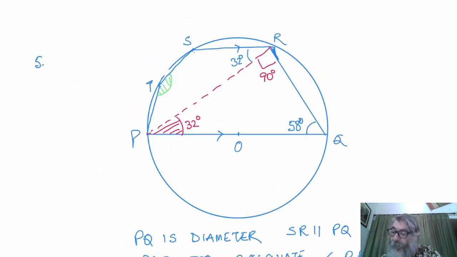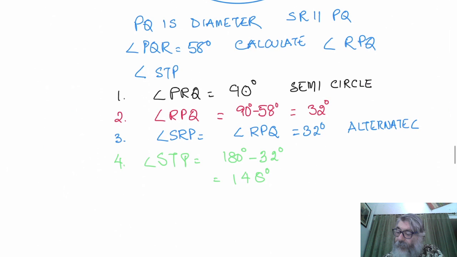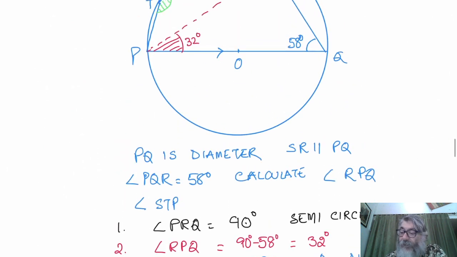Because PRST is a cyclic quadrilateral, and opposite angles of a cyclic quadrilateral are supplementary.